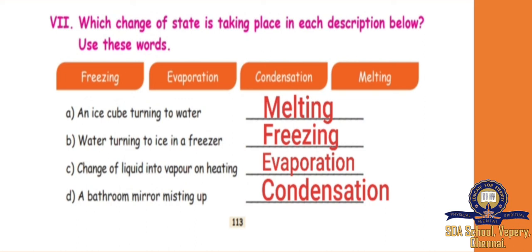They have given the options and we have to use the options as answers. The first one, an ice cube turning into water. If we melt the ice cube, it will become water, right? So the answer is melting.